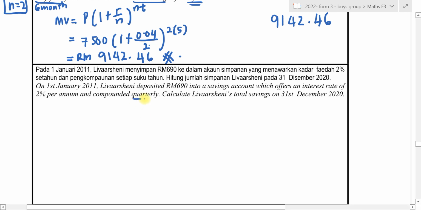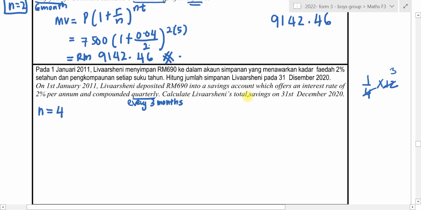Quarterly means 1 quarter in a year. How many months? 3 months. So compounded every 3 months. You change the quarterly to every 3 months. So if every 3 months, n equals how much? In 1 year, how many every 3 months come? 4 times, right? n equals 4.